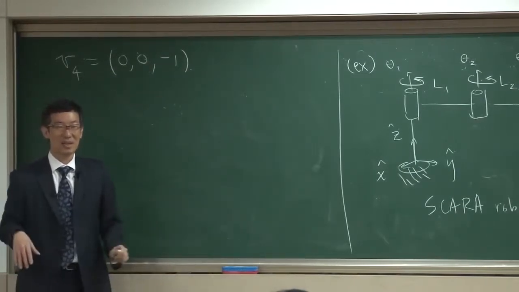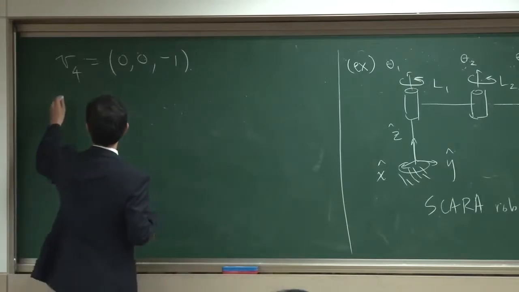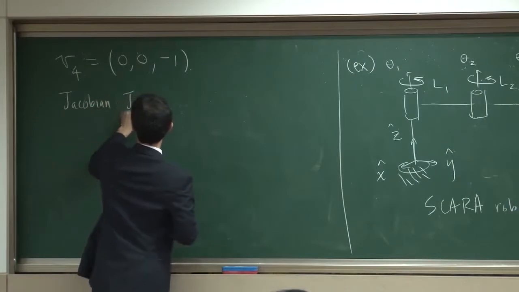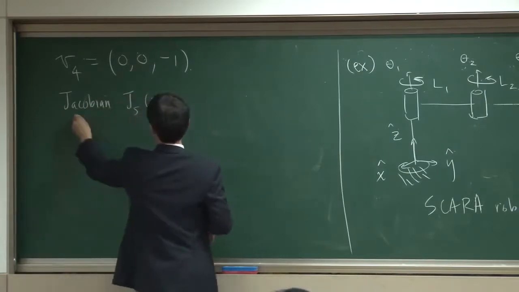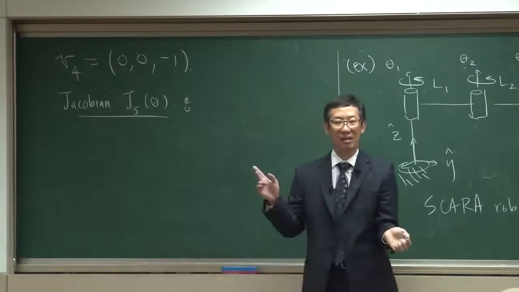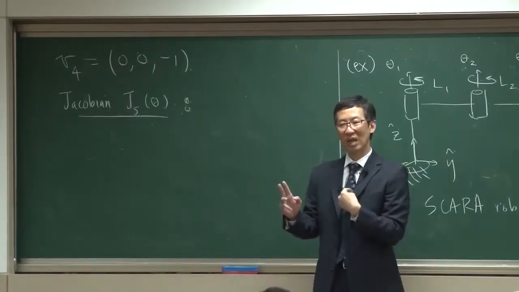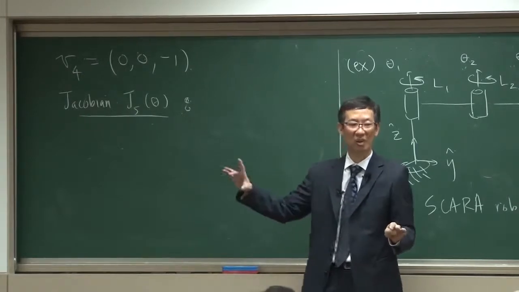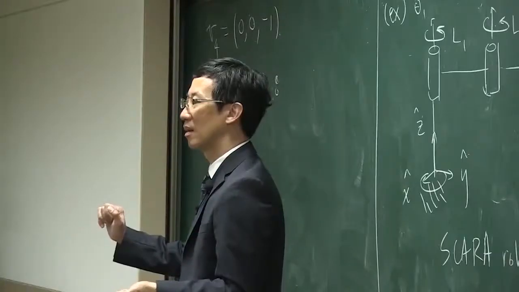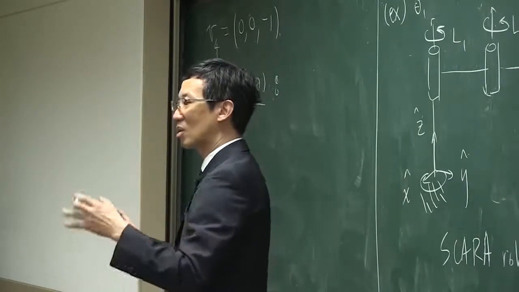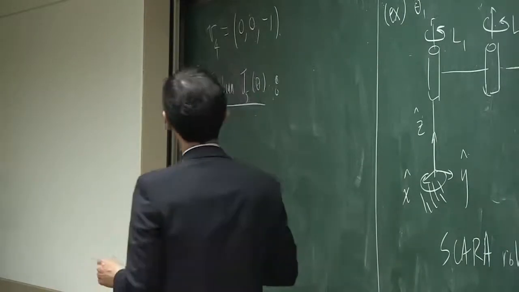Okay, that's for kinematics. Now let's find the Jacobian. The space Jacobian Js of theta. Like I said, we have available to us two choices. One is to use the formula. Let's not use the formula. Let's use our intuitive reasoning.